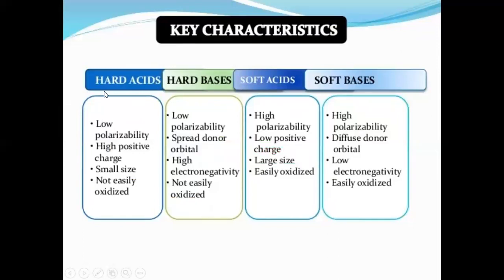Okay, so now let us see the key characters of the type A, type B metal ions, type A, type B ligands. Hard acids: low polarizability, low polarizing power, high positive charge, small size, not easily oxidized.